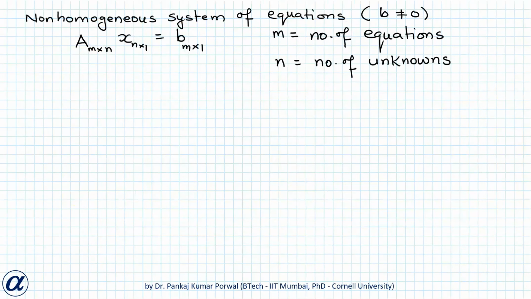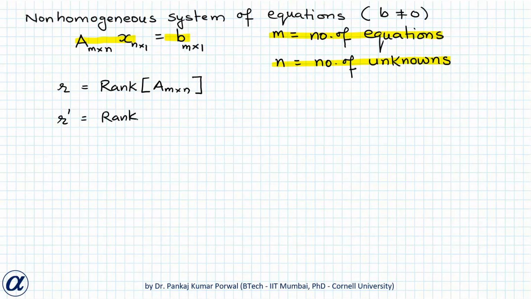So for a non-homogeneous system of equations given as Ax equals b, where m is the number of equations and n is the number of unknowns, we define two ranks: the rank of the coefficient matrix, let's call that R, equal to the rank of A, which is an m by n matrix, and R prime, the rank of the augmented matrix of A. The augmented matrix of A is obtained by making the constant vector b an additional column of A, and that is written like this.